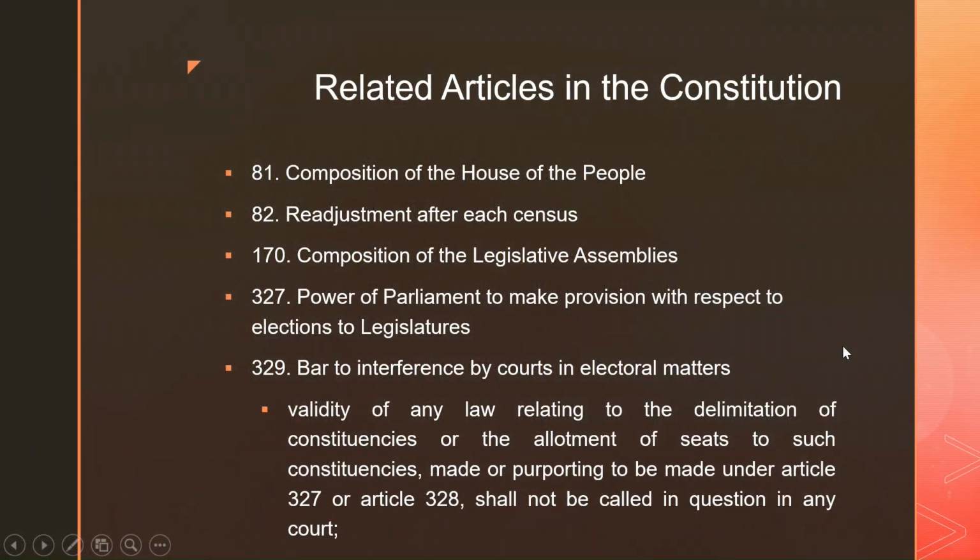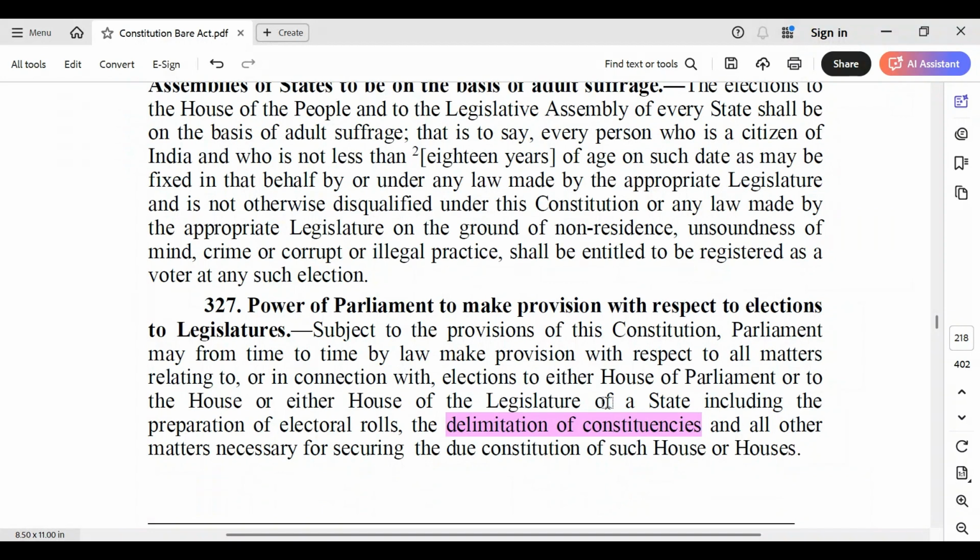Next, Article 327, which is the power of Parliament to make provision with respect to elections to the legislatures. Parliament has the power to make laws for delimitation. It enacts the Delimitation Act, which governs how the constituencies are demarcated.